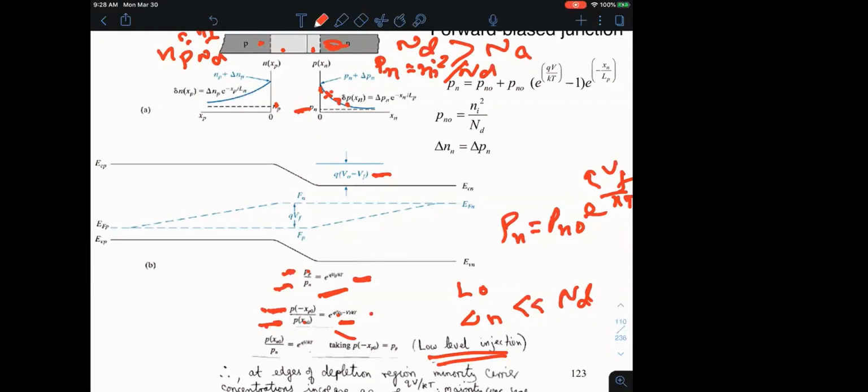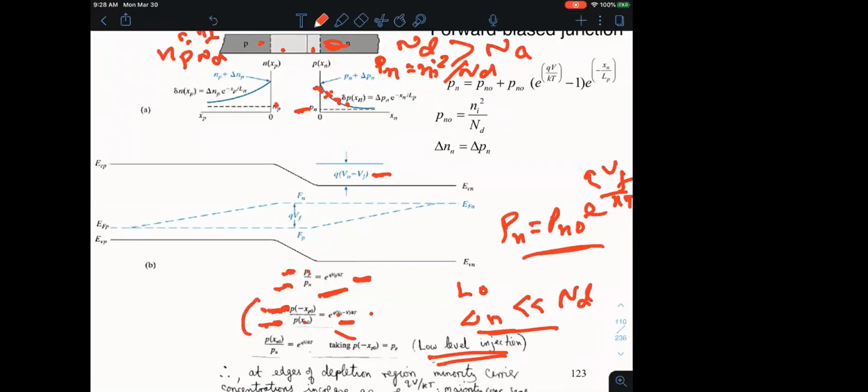Okay, so the fractional change of the majority carrier electrons on the N side, similarly the fractional change of the majority carrier holes on the P side, will be assumed to be negligible. So if that's the case, the only way the ratio can go down exponentially is if the denominator increases by that exponential factor, as I'm showing over here.